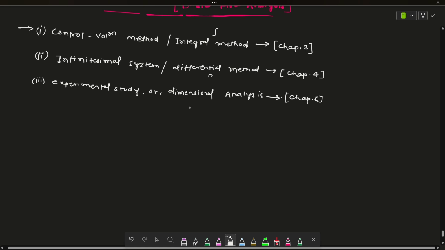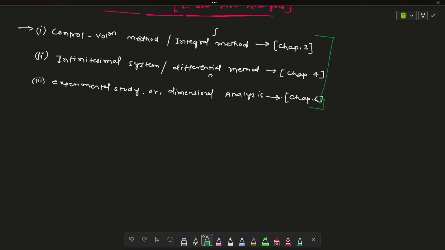Now, all three are different methods, but they are all based on some fundamental laws. The flow must satisfy some basic laws. So what are these basic laws? Let's discuss quickly.